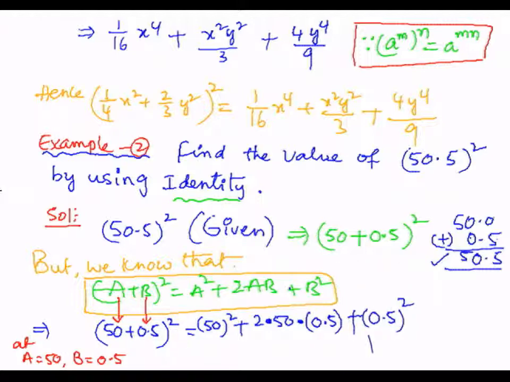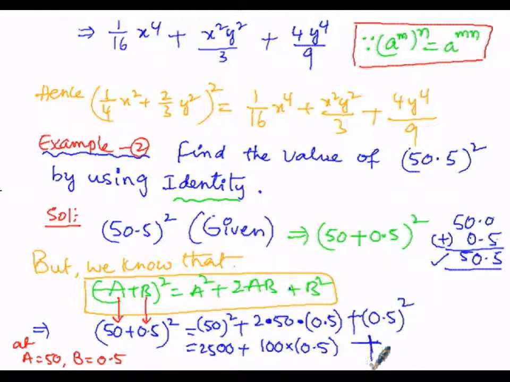Then that is equal to 50 whole square, that is 50 into 50, which is 2500, plus 2 into 50 is 100 into 0.5 kept as it is, then plus 0.5 whole square.